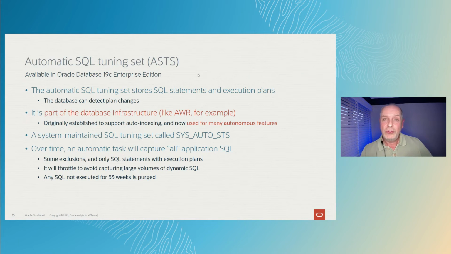And it's called the Automatic SQL Tuning Set. The idea behind this is that we automatically maintain a repository of SQL statements that have been executed on the database. Basically, we remember the SQL, remember the performance it had, and we also remember the execution plans it had. So we remember all the plans that have happened to SQL statements.